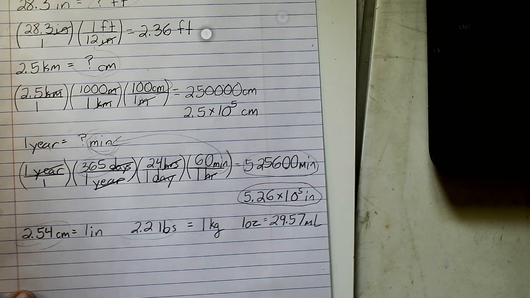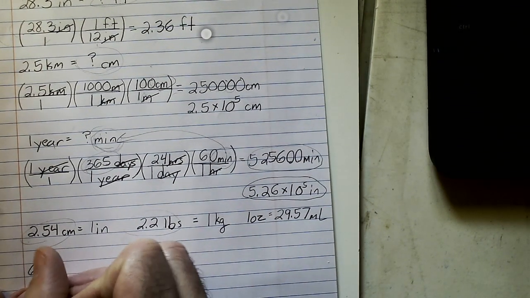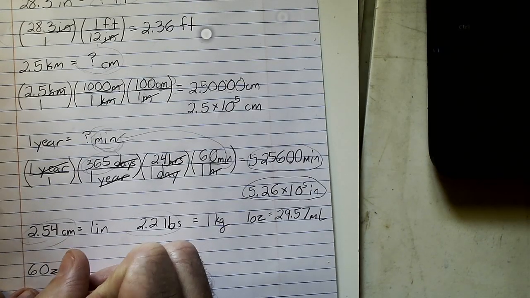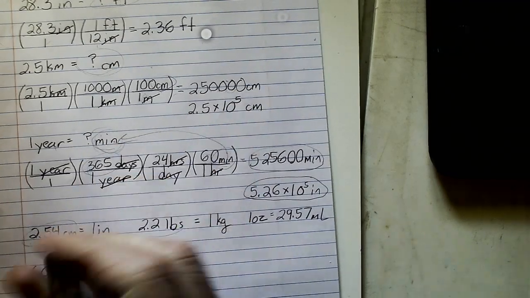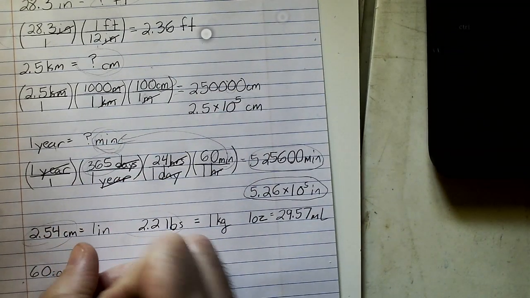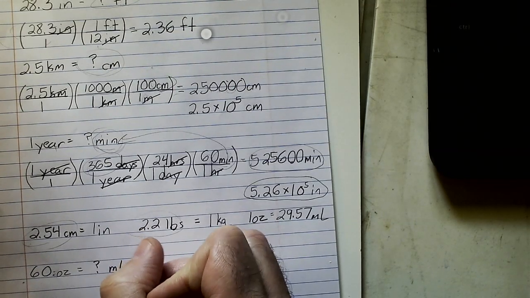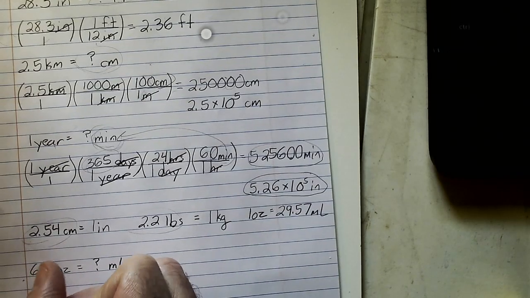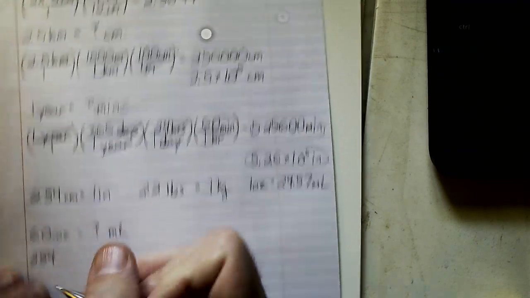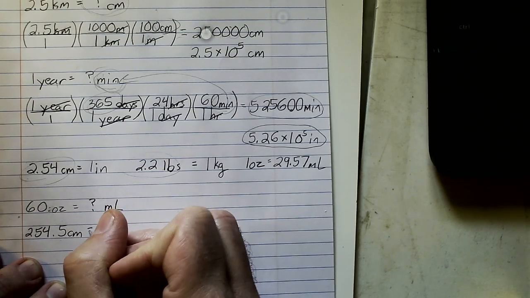Let's see here. I've got 60 ounces. Oops, 60 ounces. That equals how many milliliters? Let's see here. I've got 254.5 centimeters.